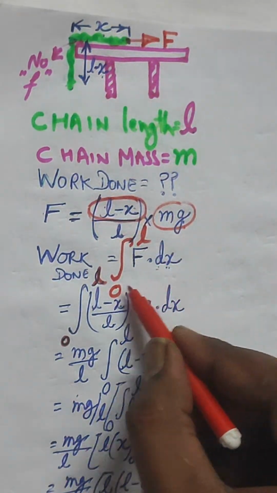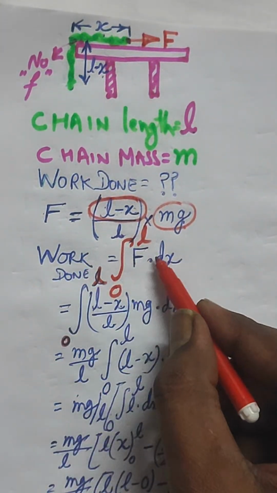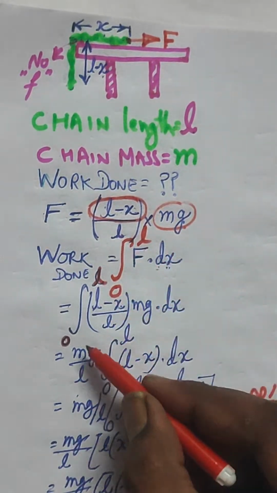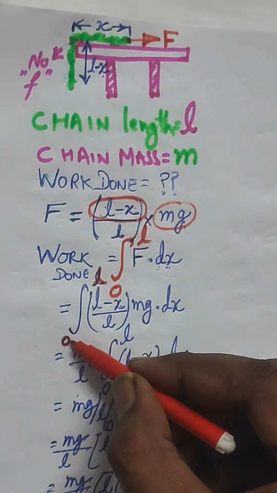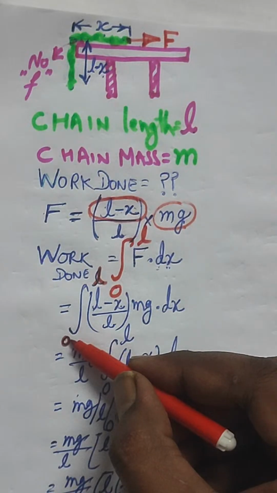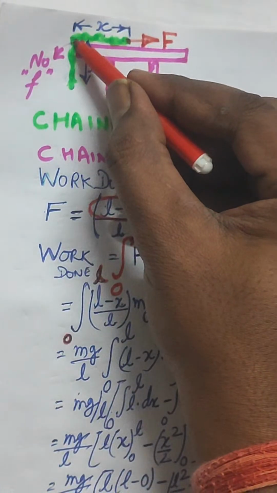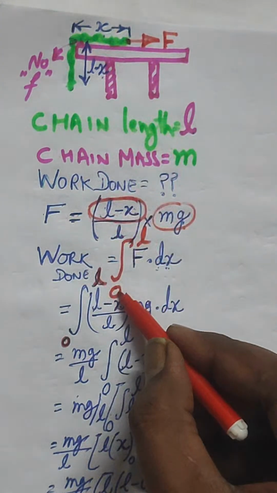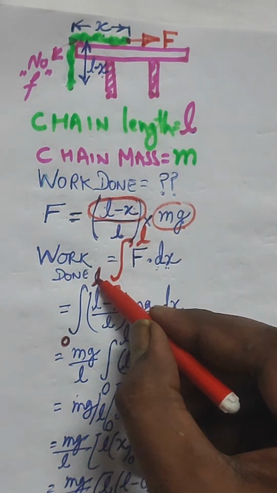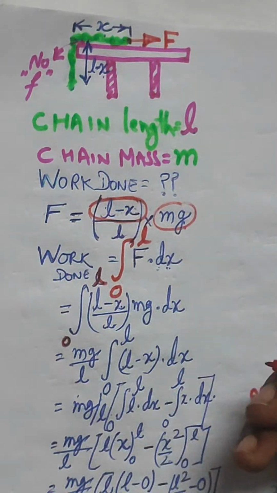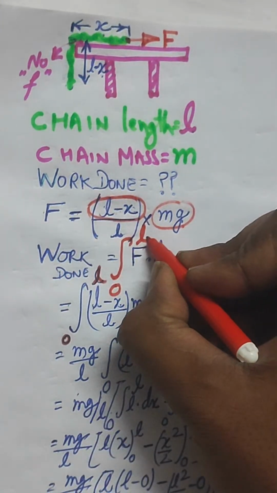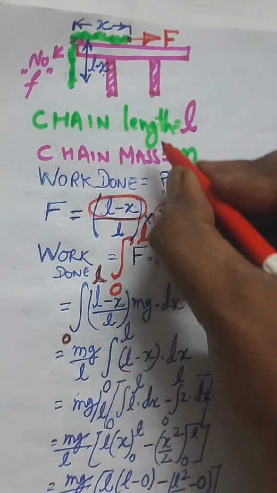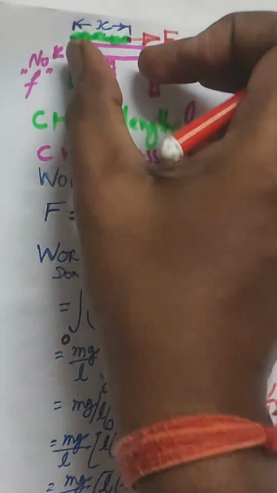Just equate the force. Now work done will be F dot dx from 0 to L, because the length of the chain varies from 0, when there is no portion of the chain pulled up, to the total length L, when it is all pulled up on the table.